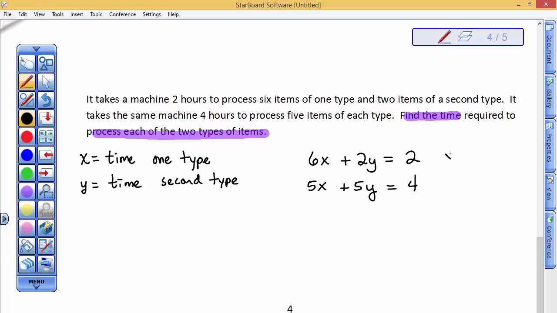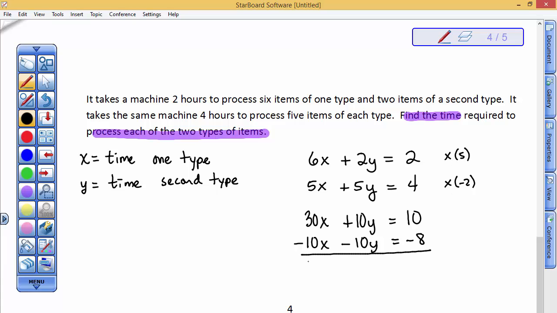You could multiply this top equation by 5 and the bottom equation by a negative 2 in order to make these become 10s. So this would become a 30x, and this would become a 10y, and then 2 times 5 would be 10. The second equation, you'd have a negative 10x. 5 times a negative 2 is a negative 10y, and 4 times a negative 2 is a negative 8.